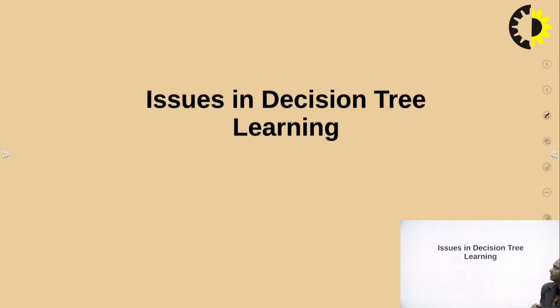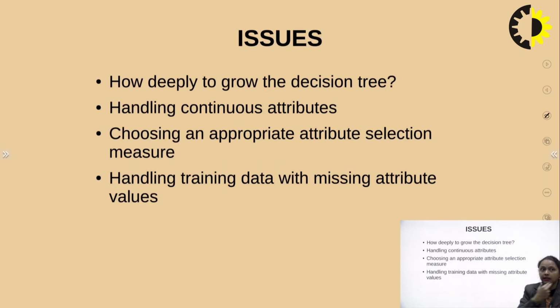Now, what are the various issues in decision tree learning? First is how deeply to grow the decision tree, meaning deciding the depth of the tree. Second is the handling of continuous attributes. Every time it is not possible to receive discrete values, so it is quite difficult to handle continuous values.